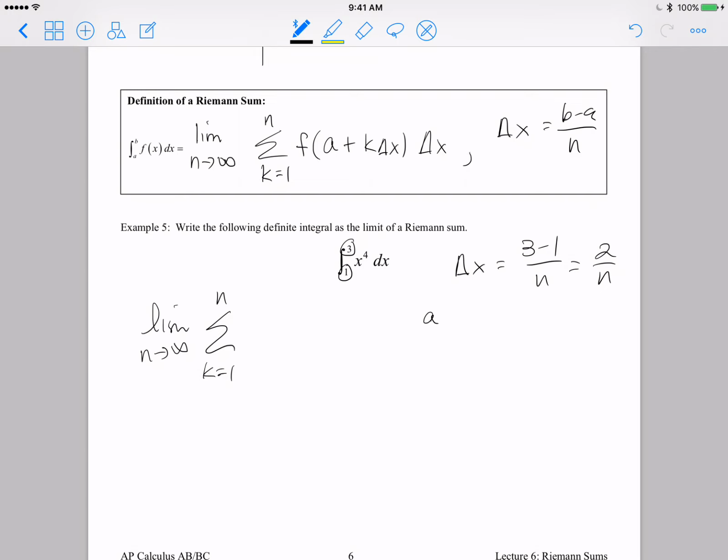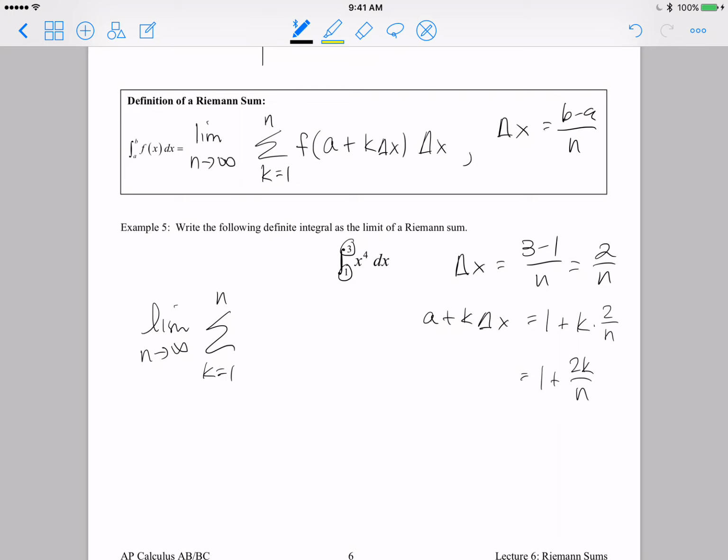Well, let's first figure out what a plus k delta x is. So I'm going to do some scratch work over here on the side. Well, a was given as 1, so I'm going to write that down, plus k times delta x, which was 2 over n, which is really just 1 plus 2k over n.